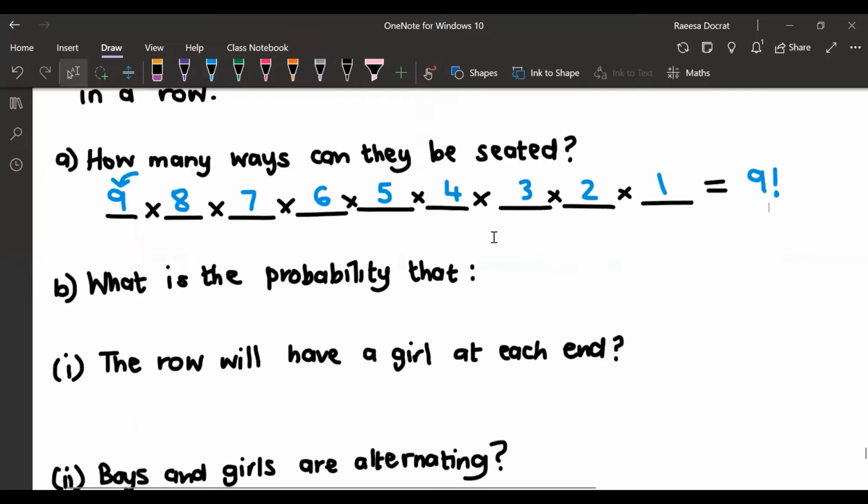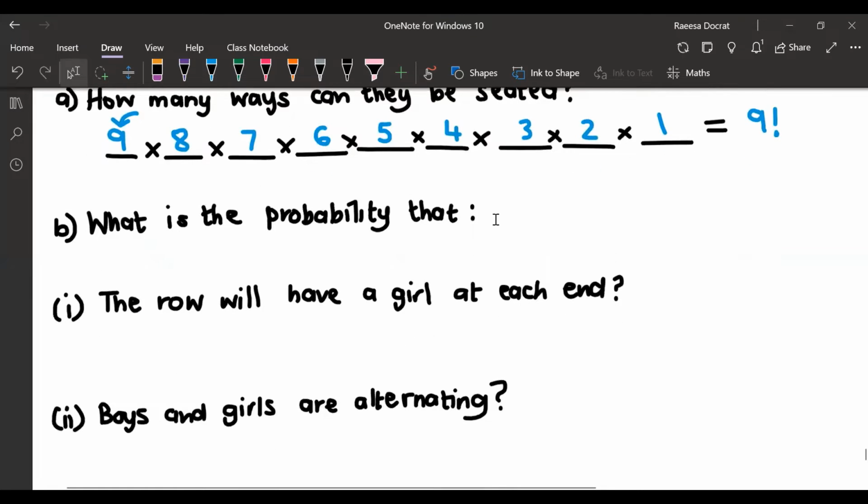So now let us have a look at the next question. It says, what is the probability that the row will have a girl at each end? So let us count the number of combinations that have a girl at each end. So again, let us set up the 9.